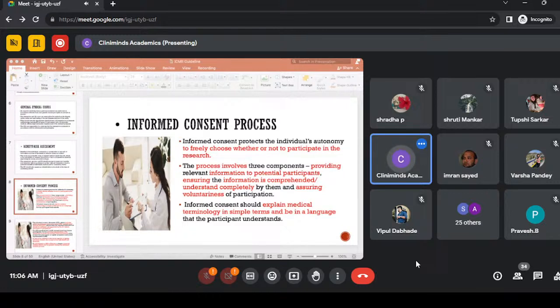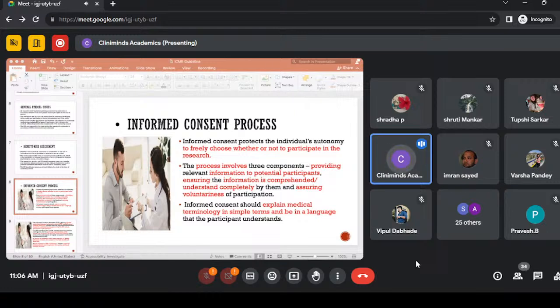The second principle talks about comprehension, meaning the complete information that we have communicated to the subject should be completely understood by the subject. So it's not just that the information is passed to the subject and we are done.